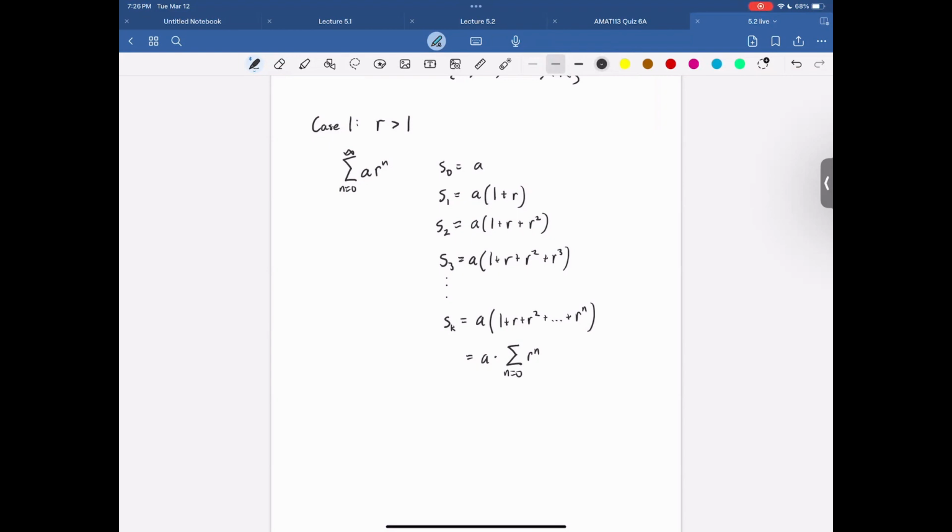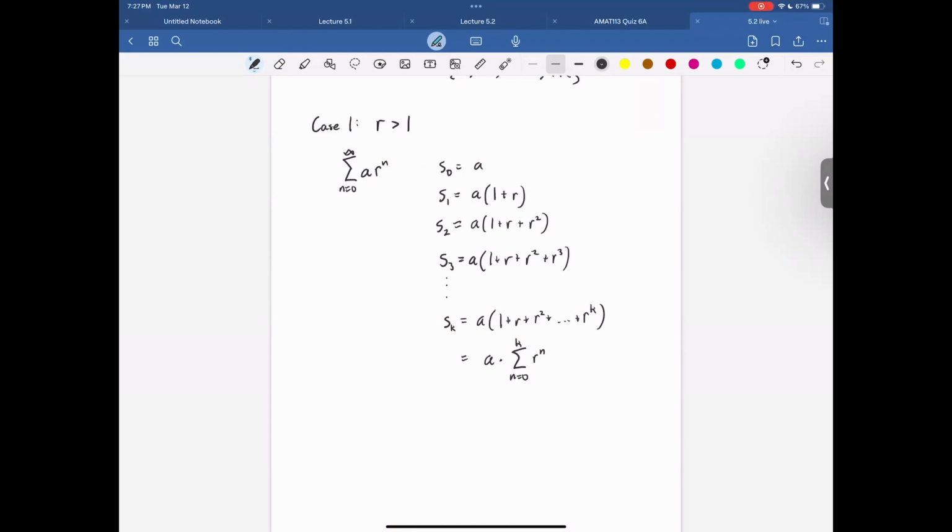So s sub k is equal to a, in fact, I'll just rewrite it. It's a times 1 plus r squared all the way up to r to the k, which really is going to be a times the sum from n equals 0 to k of r to the n.